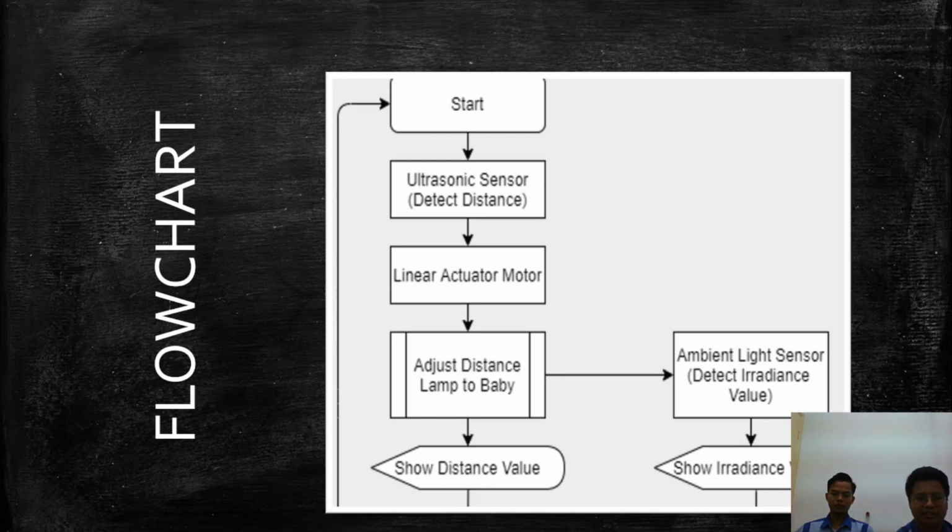After the distance is detected, it goes to the linear actuator, which changes the motor to adjust the length. Then the ambient light sensor will detect the irradiance value, so it will show the irradiance value. At the same time, the ultrasonic sensor will show the distance value.